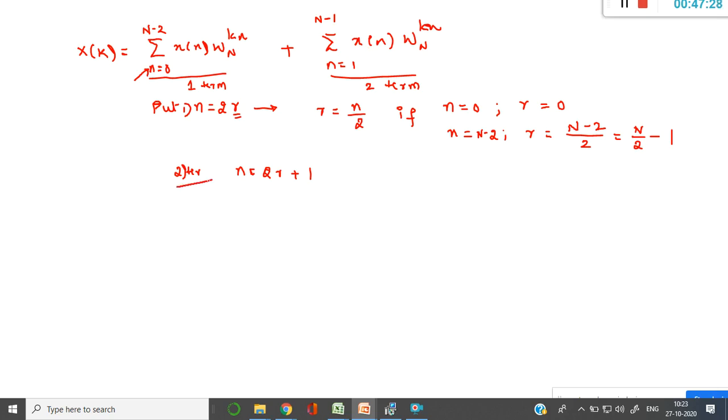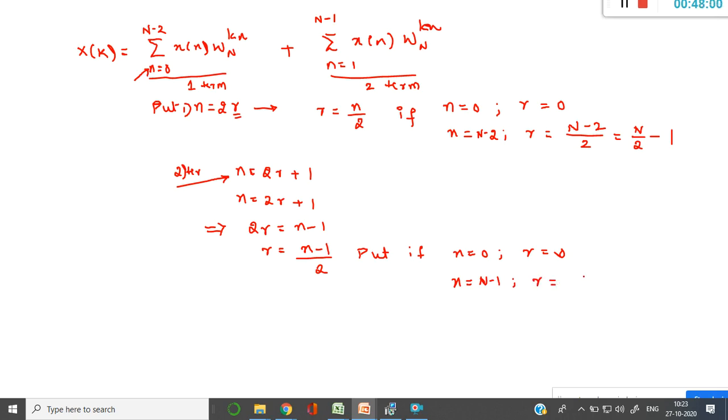Similarly, for the second term, n equals 2r plus 1, right? How do you write this equation for r now? r equals n minus 1 by 2, right? Now put the lower limit. If n equal to 0, what happens? r is again 0, right? Put n equal to the final value. What is the final value? N minus 1. What happens to r?